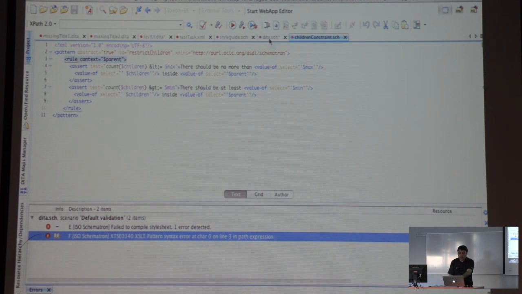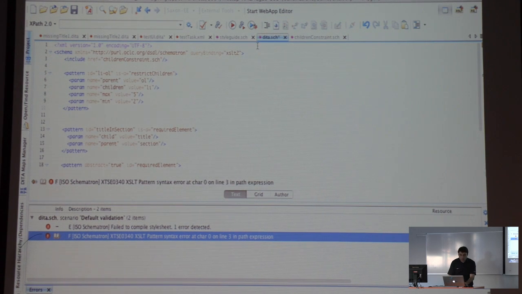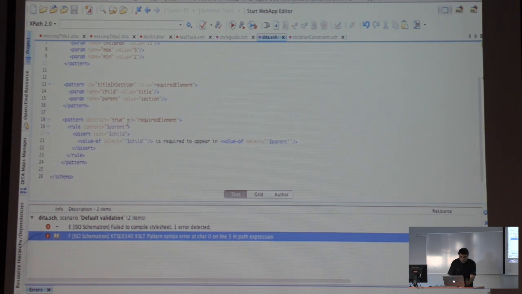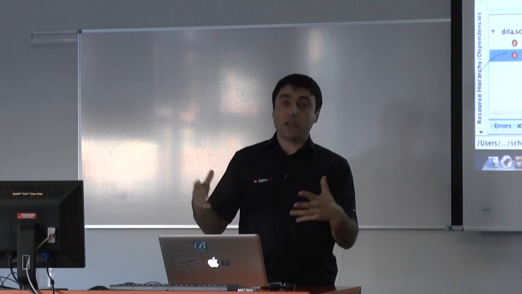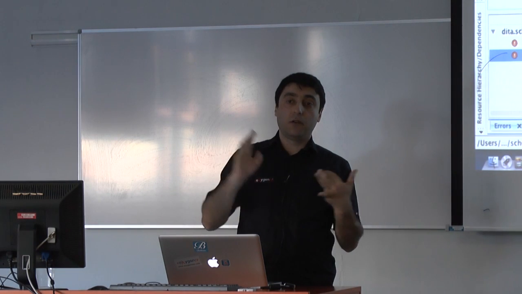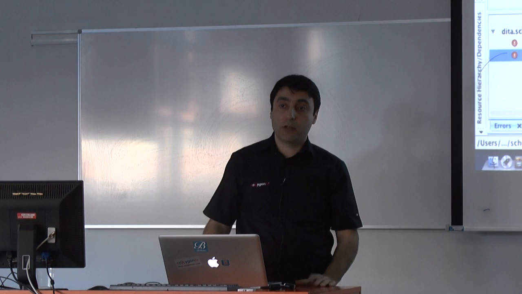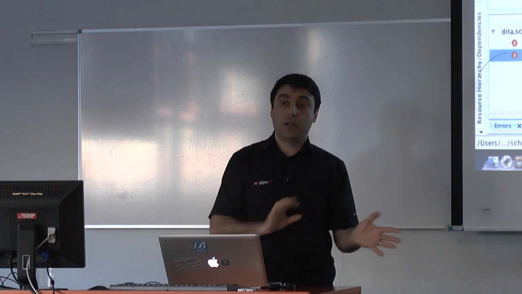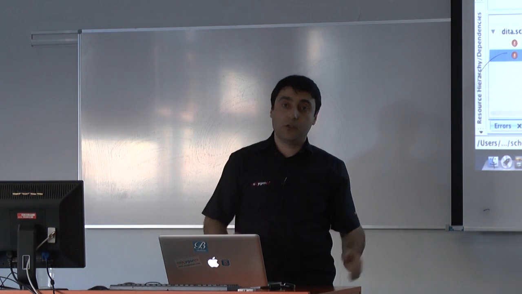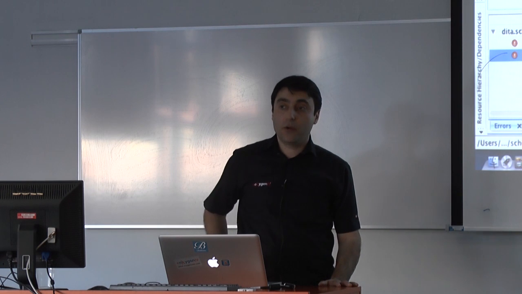Because I provided a parameter that breaks that. So we improved a lot the validation error messages, the refactoring actions, and so on for Schematron. It's kind of the same level with XML Schema, RelaxNG support, and XSLT right now in oXygen.